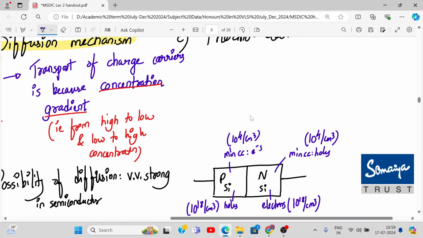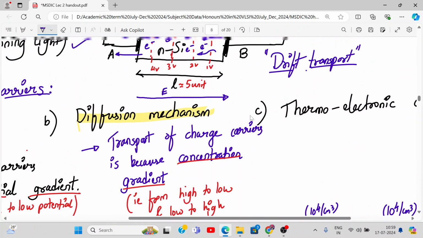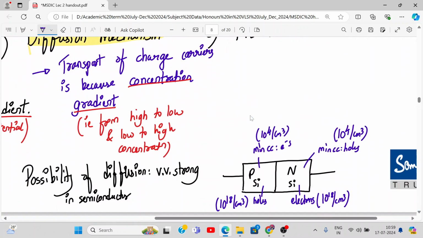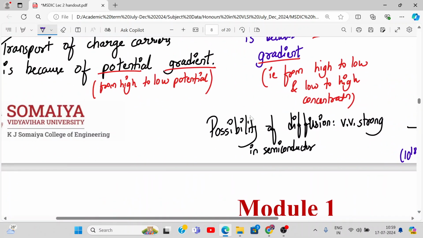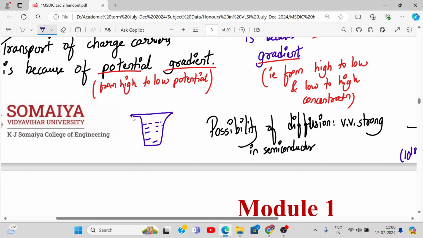Now let me also give you an analogy, meaning a situation where you have experienced this before. You have a beaker of crystal clear water, filled with water. Now you pour ink into it.